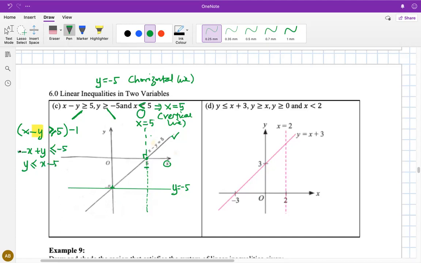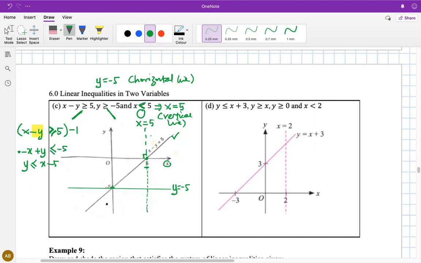So we stop here also can, because we just want to know that if the positive y, the symbol is less or equal, or greater. If positive y is less, that means the region that we want is below the straight line, right? So now we know that when we multiply -1, I get y is positive, and then negative x plus y is less than or equals to -5.